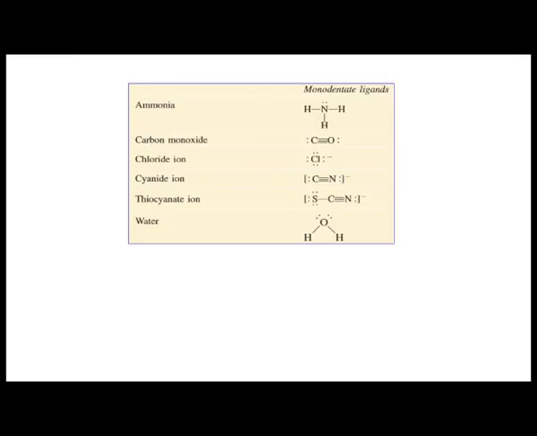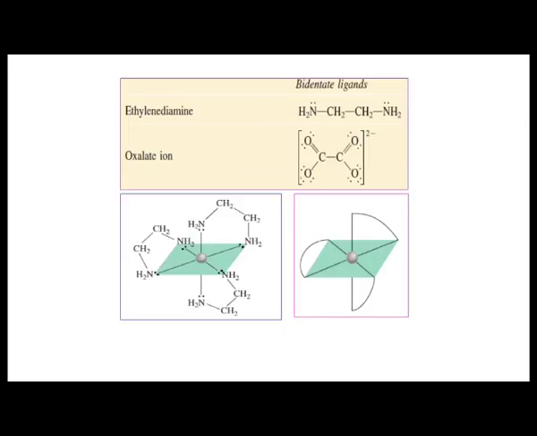Similarly, thiocyanate has a very good value in analytical chemistry, because when we add a very dilute solution of thiocyanate to any iron solution in the ferric state, the ferric solution interacting with thiocyanate gives rise to a blood red coloration, which is very characteristic for the identification of that iron center. And water we already discussed.